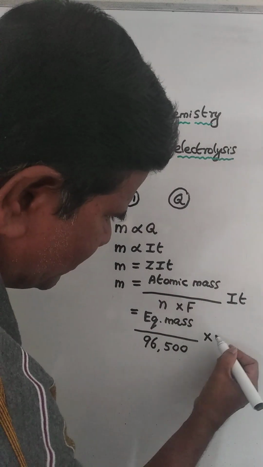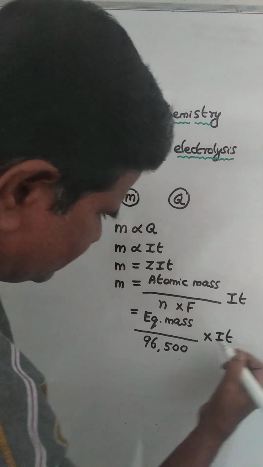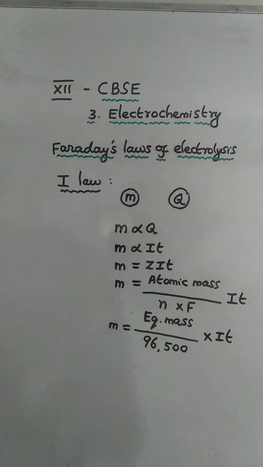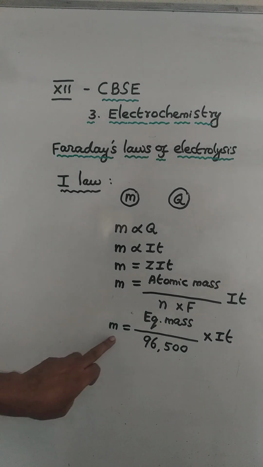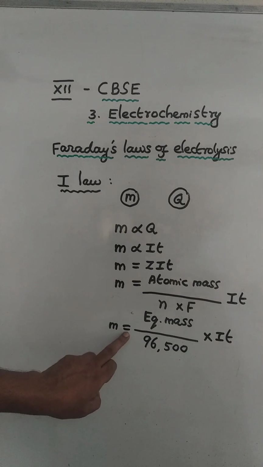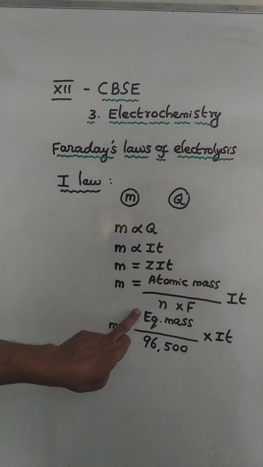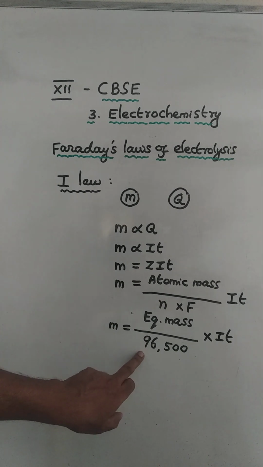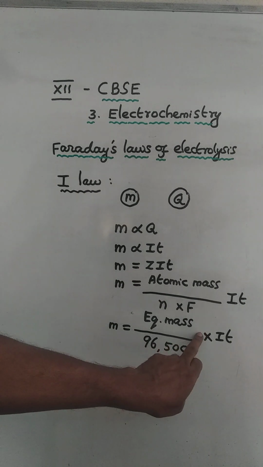Then into I T. So, mass deposited or liberated at the electrode is equal to equivalent mass of the substance divided by 96,500, then into I T.